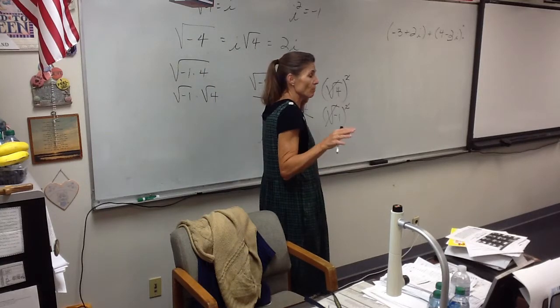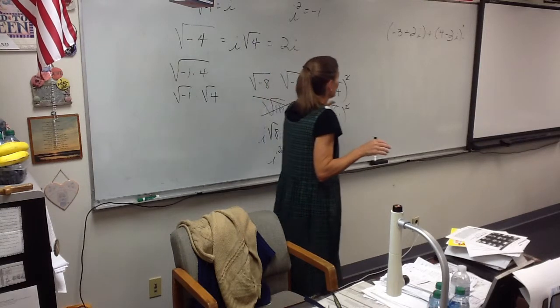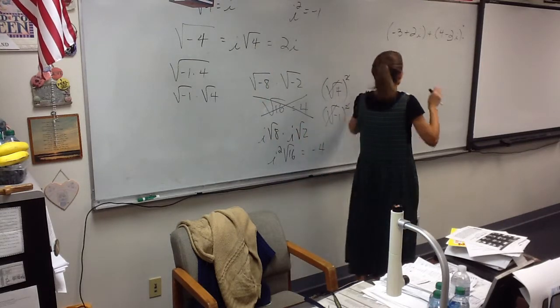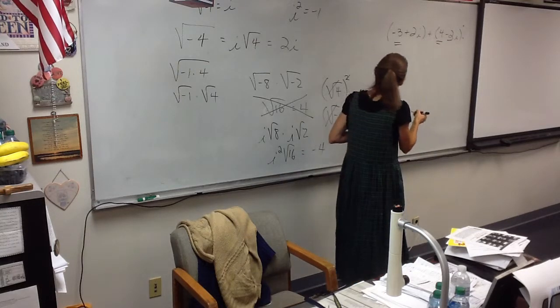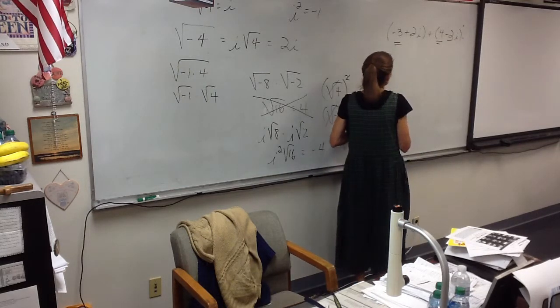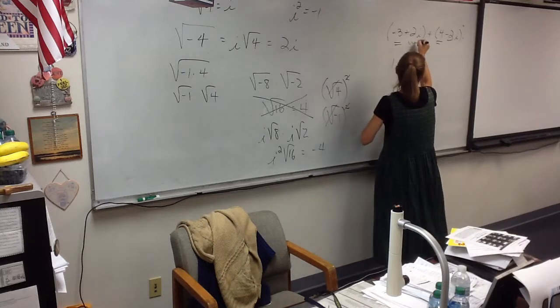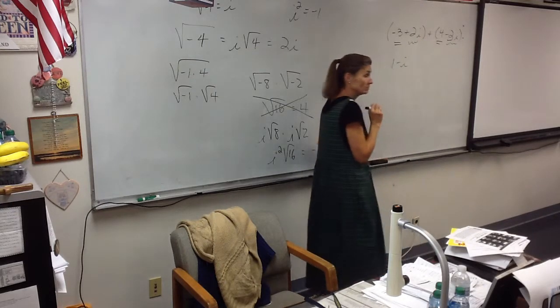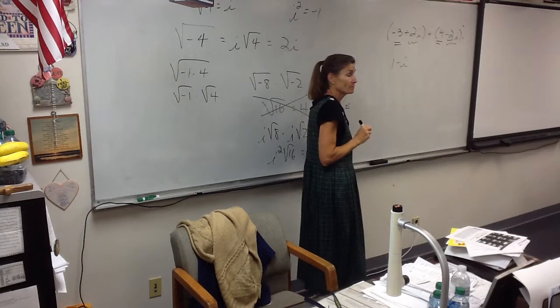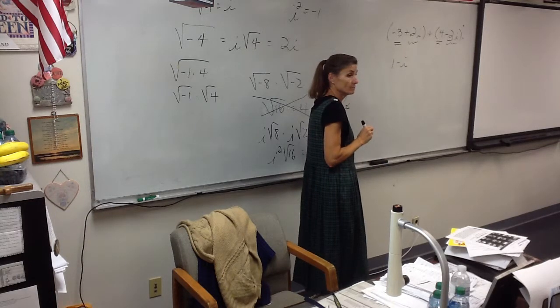Use your common sense, don't make it hard. It's easy. Just add the like terms. So in other words, you add the parts that don't have i's, so that would be 1. And then you add the parts that do have i's, so that would be negative i. Yeah, negative i. Easy.